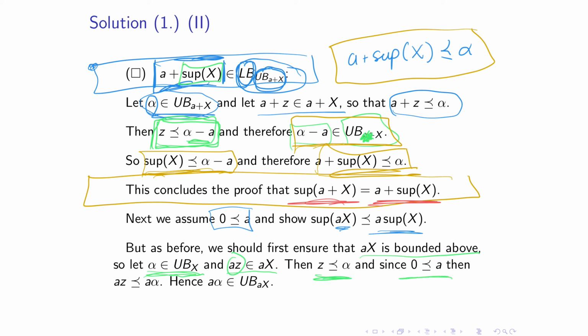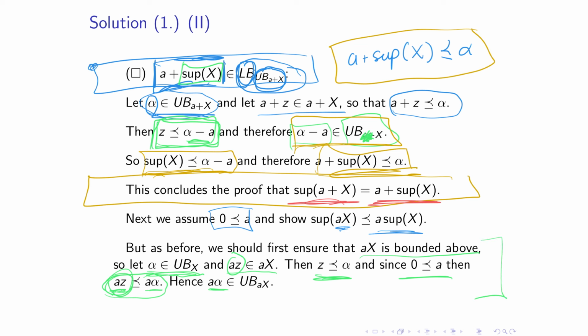And then this is where it's important to know whether a is non-negative or whether it's negative. Because we know it is non-negative, then when we multiply throughout, we maintain the direction of the inequality. And this shows that a alpha is an upper bound on the set aX, because that was an arbitrary element out of aX. So there it is.